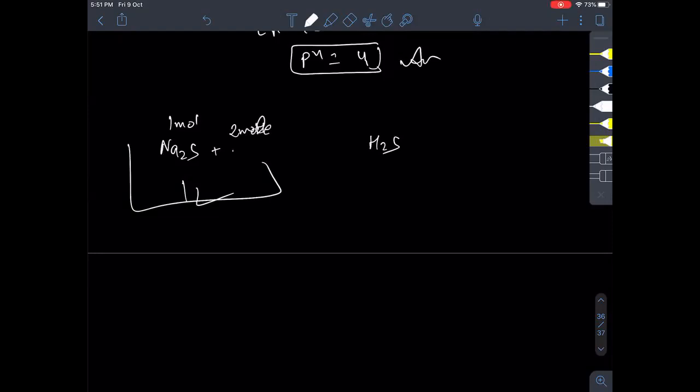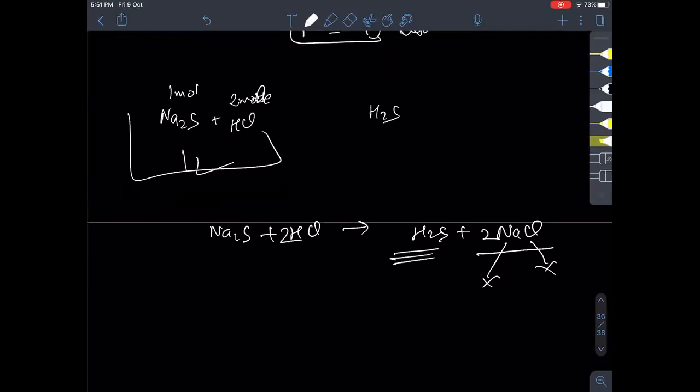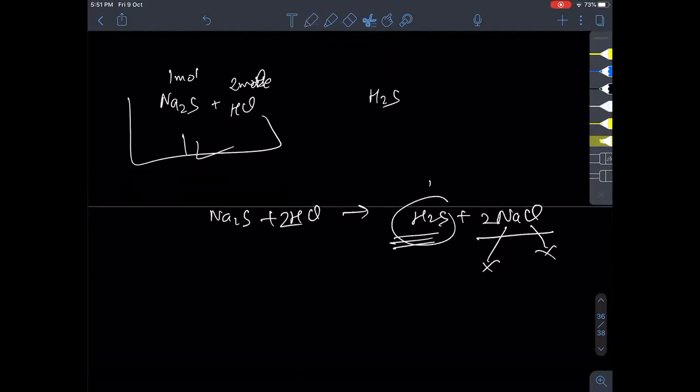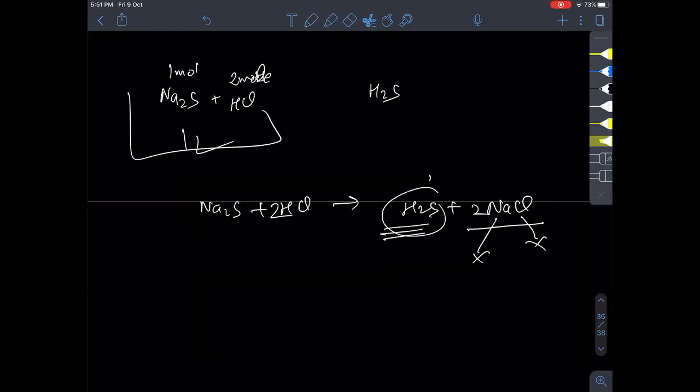Then this Na2S, by reacting with this, will become H2S and it will generate 2 moles of NaCl. And you know that Na and Cl are waste species because they can't hydrolyze anything. Again, we got the same 1 mole per liter, and then I can proceed with H2S in the same way. So this is the case which I took to discuss the polyprotic acid.